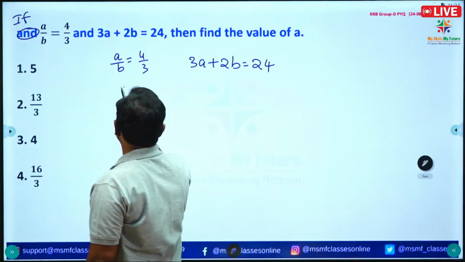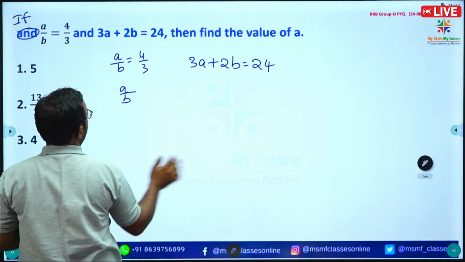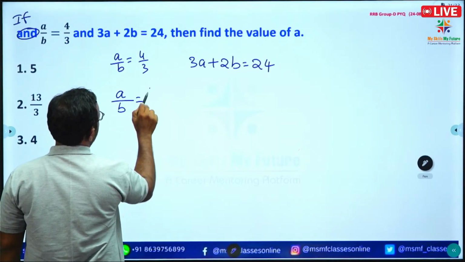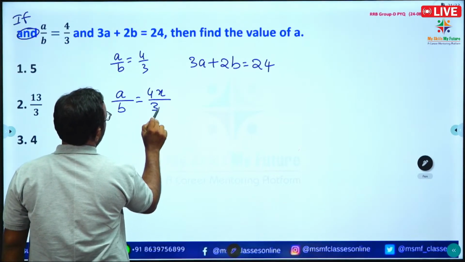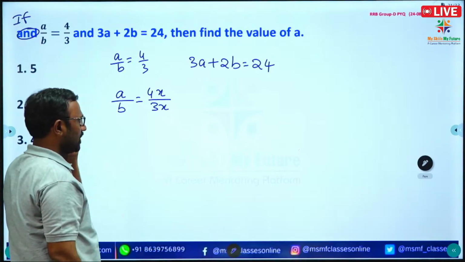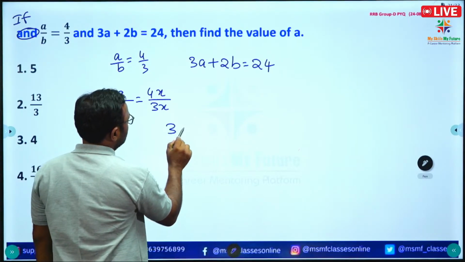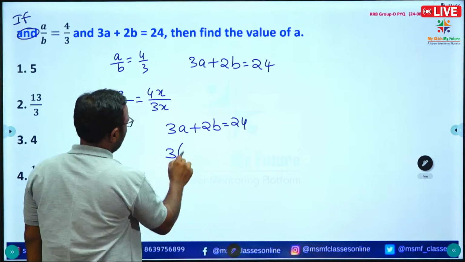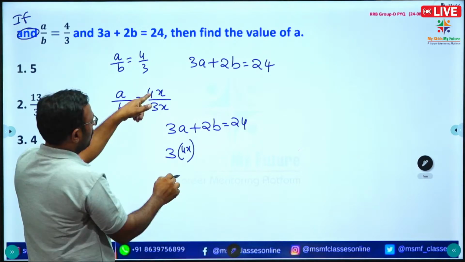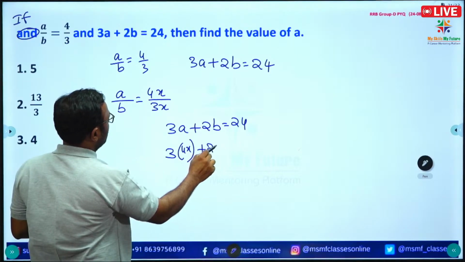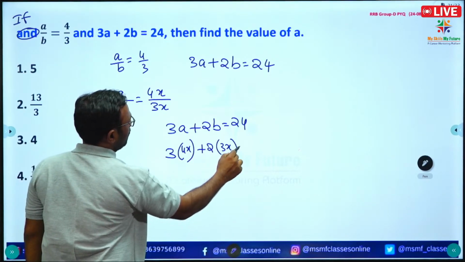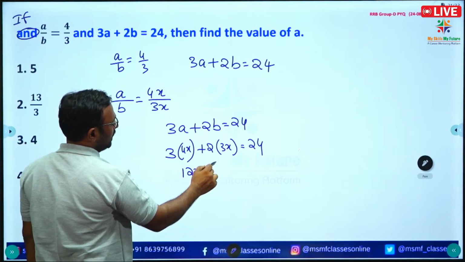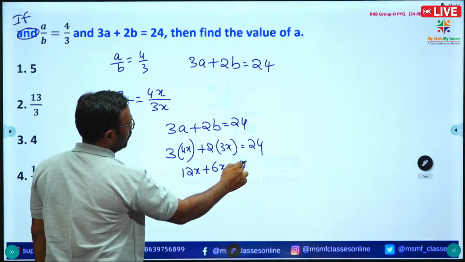So I am taking a by b as given in the form of a ratio. A by b is equal to, I am taking a is equal to 4x, b is equal to 3x. And they given 3a plus 2b is equal to 24. So 3a plus 2b: 4 3s are 12x plus 2 3s are 6x is equal to 24.